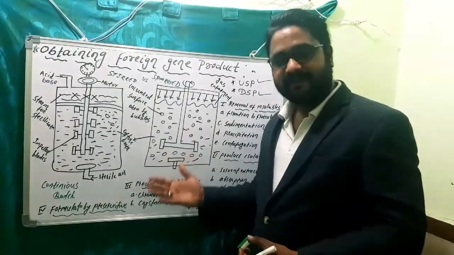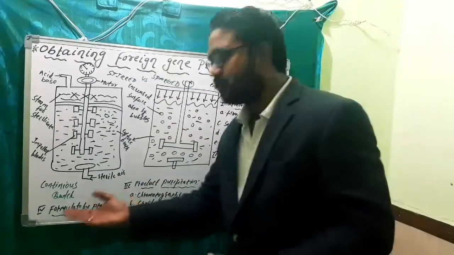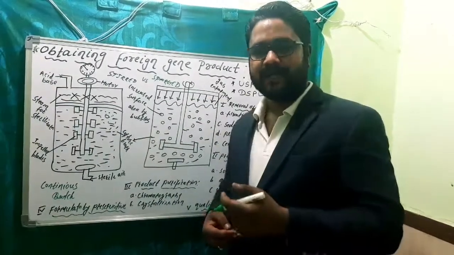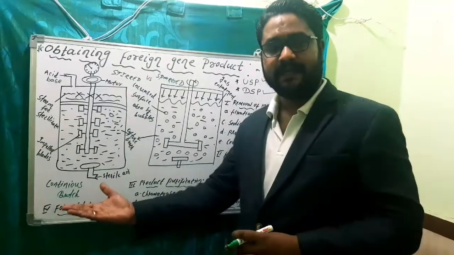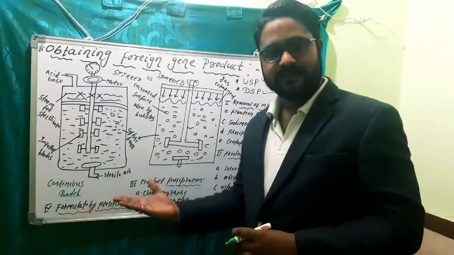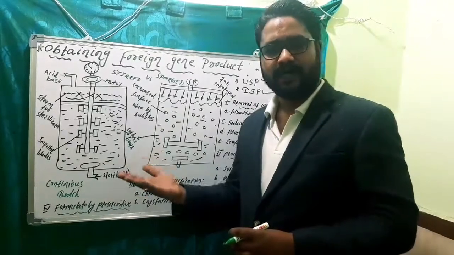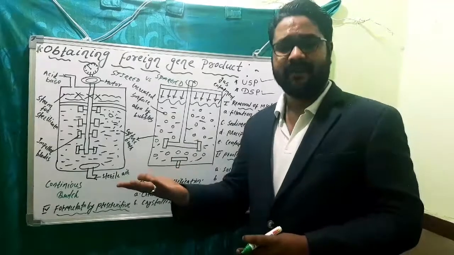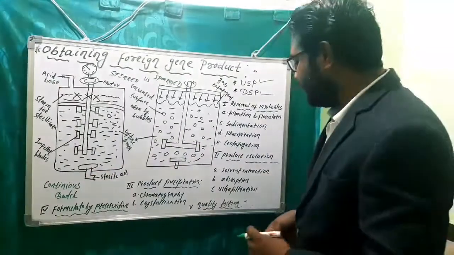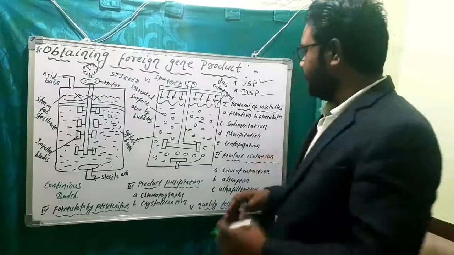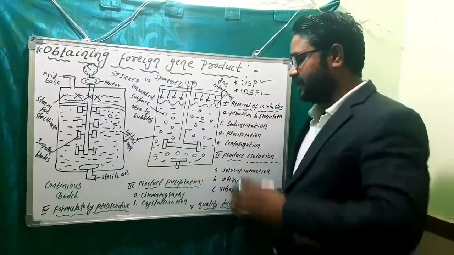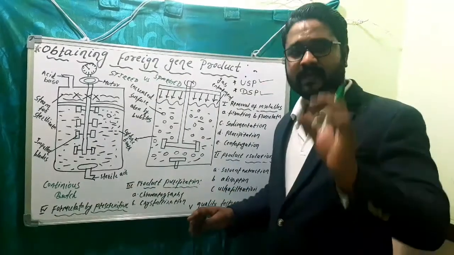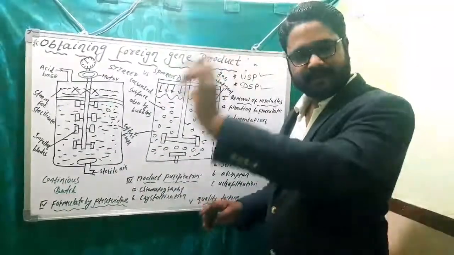Once the product purification is done, we do the formulation, because its quality should not deteriorate. To increase its shelf life we add preservatives. That is formulation by preservative. For example, methyl isothiazolinone is a preservative that is antimicrobial, antibacterial, antifungal. Okay, next is quality testing. Once all the insolubles are removed, the product is isolated, purified, and preservative is added, it is tested for its quality, whether it is better than the current product present in the market.